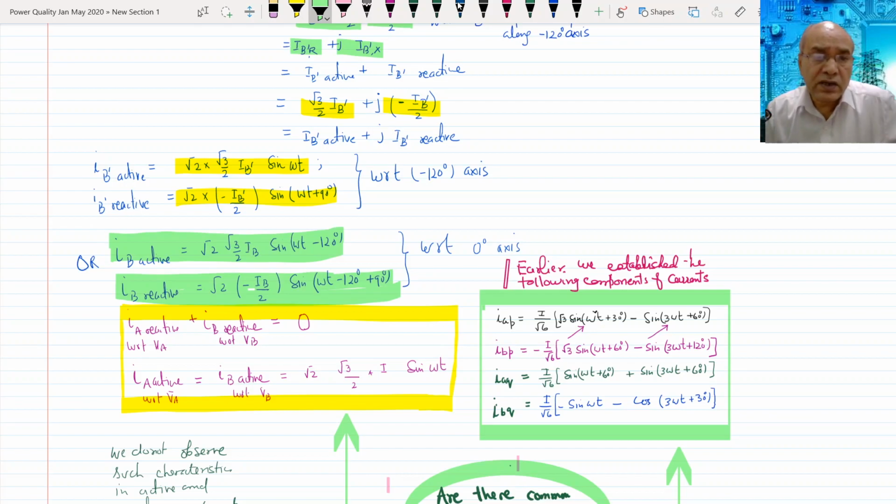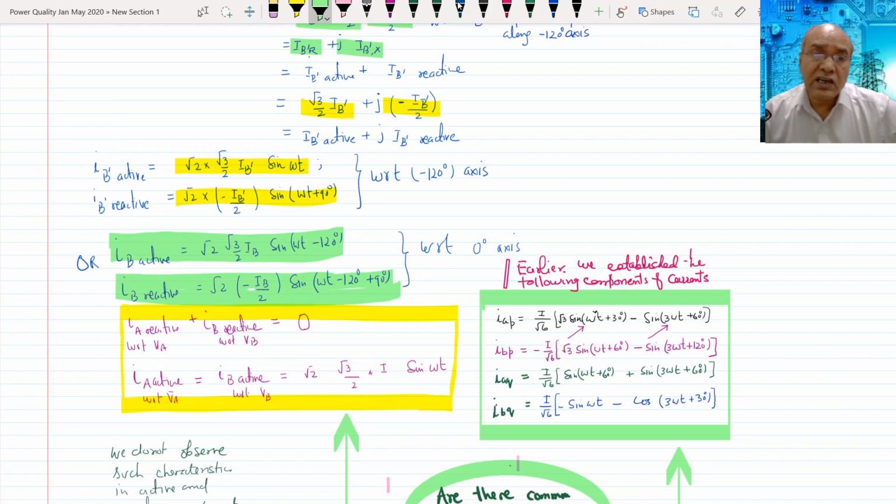Now you see that particular thing: if we observe these four currents simultaneously, IA active, IB active, IA reactive and IB reactive, then we see a very important characteristic. The important characteristic is that the sum of IA reactive plus IB reactive equals 0.